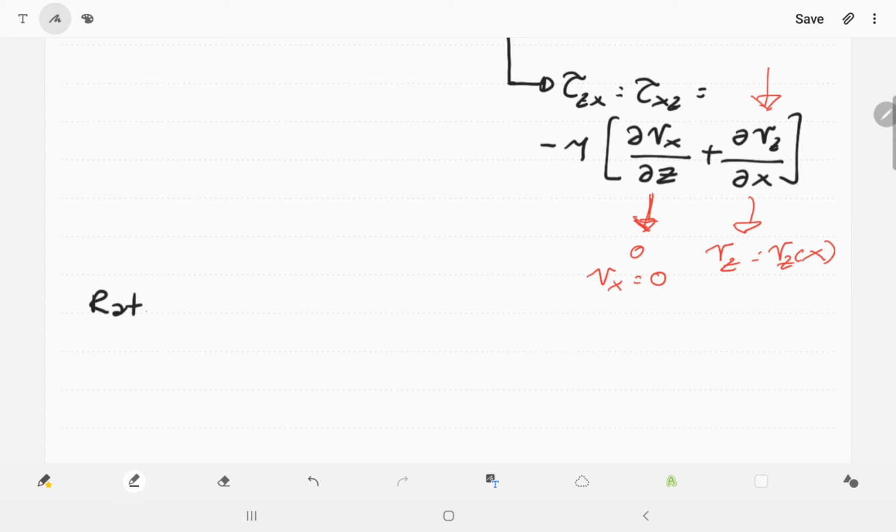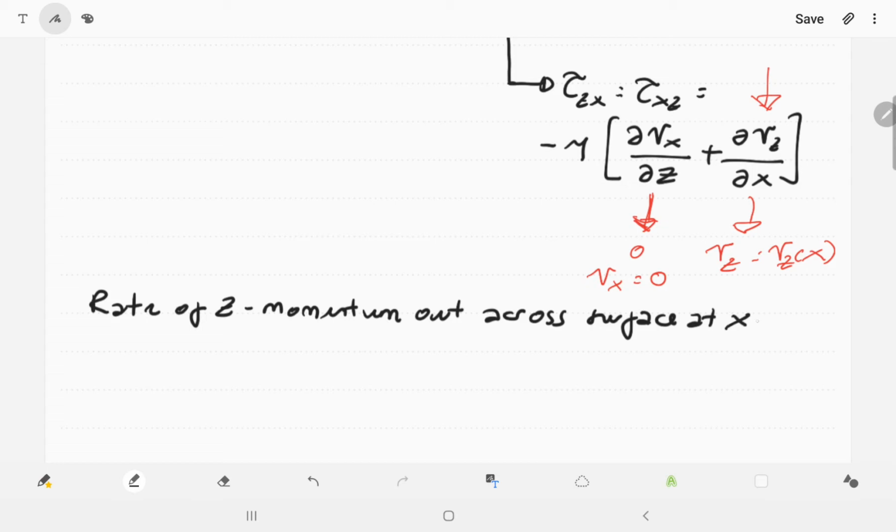So now we're dealing with the out. Rate of z momentum out across the surface at x plus delta x.